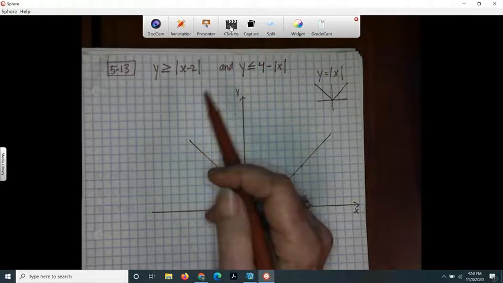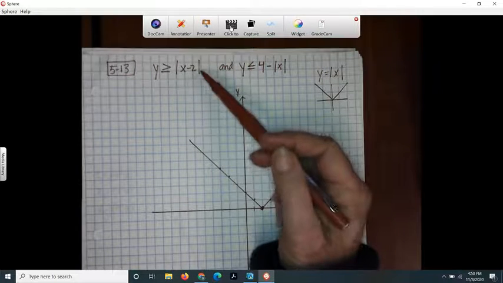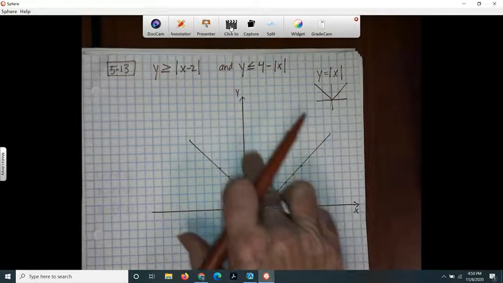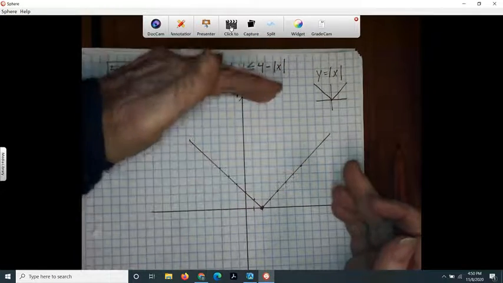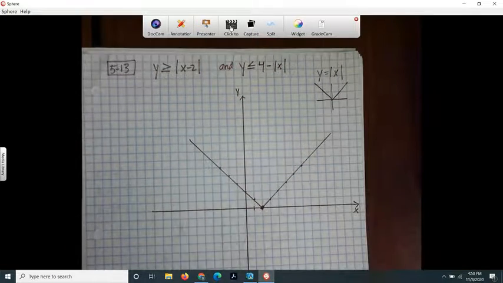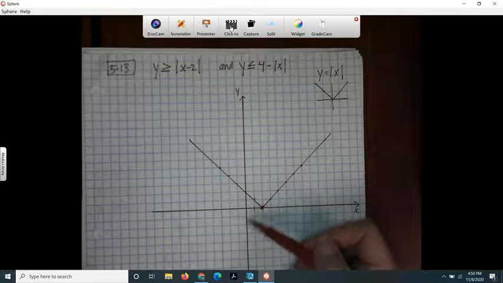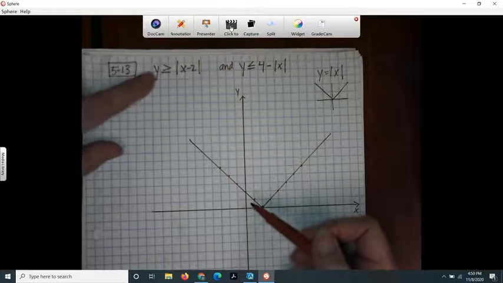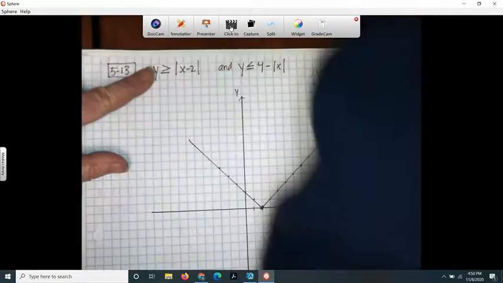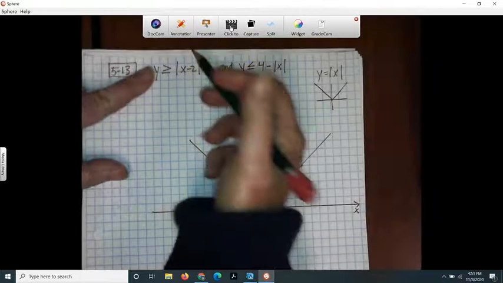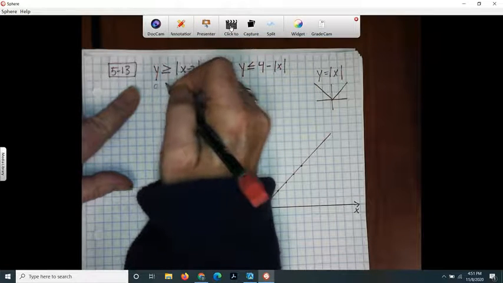So this says y is greater than the absolute value of x minus 2, so it's going to be above the graph. You could plug in 0, 0 just to make sure it's not below the graph. I think the shading is going to be above the graph, but let's plug in 0, 0 just to check.